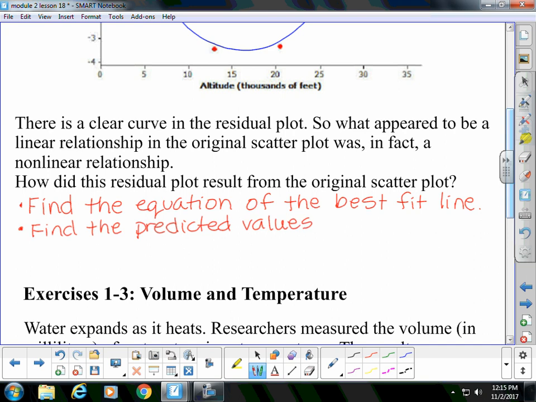And then after you get the predicted values, then you have to find the residuals, which is the actual minus the predicted.